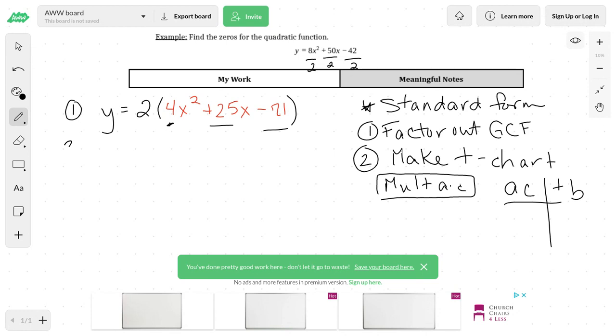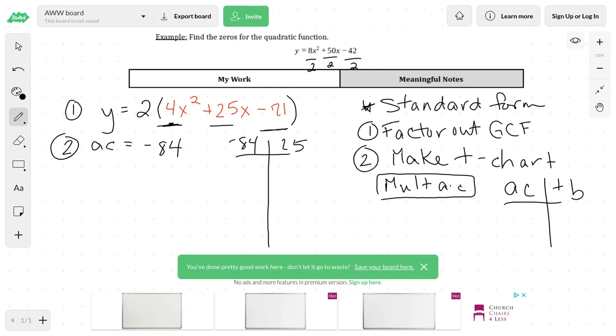So a times c is 4 times negative 21, which is negative 84. For our t-chart, we want numbers that multiply to negative 84 that add up to 25.